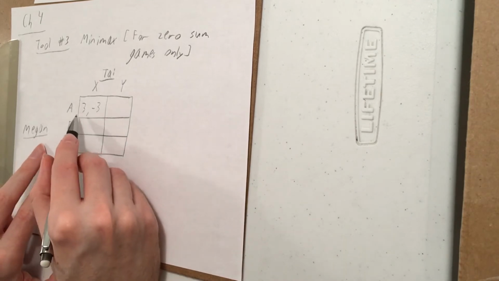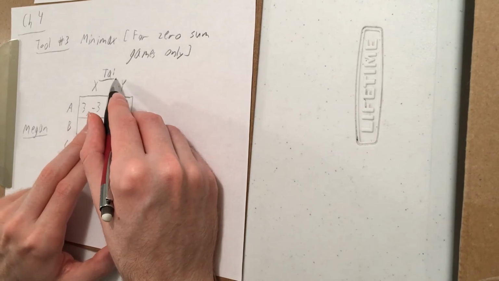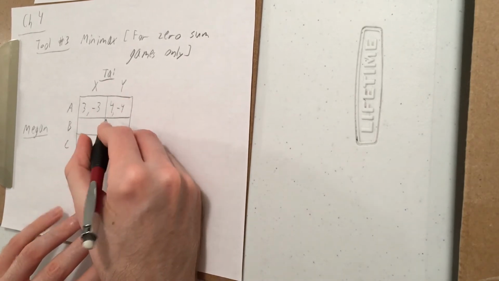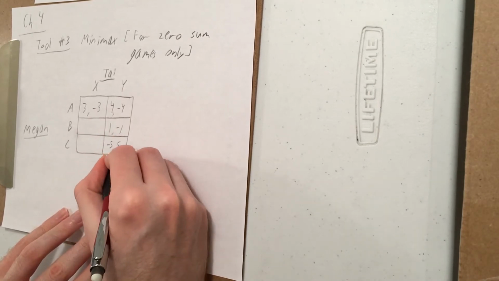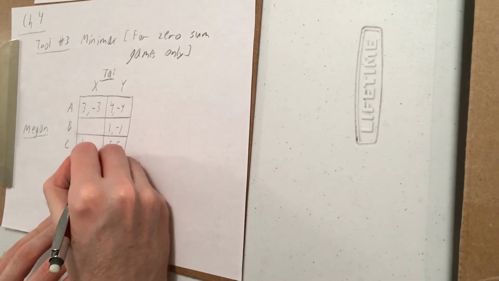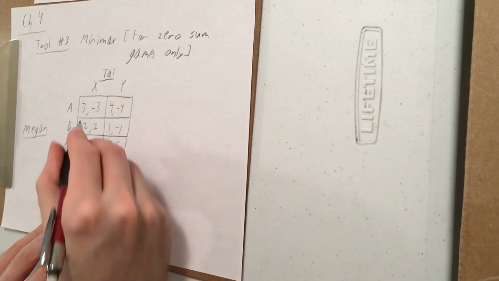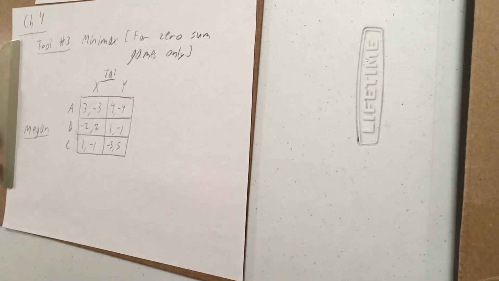This means that if AX happens, Megan gets positive 3, Ty gets negative 3. So what Megan is going to do is try to maximize her minimum payoff.